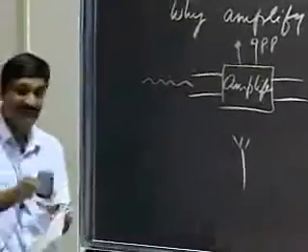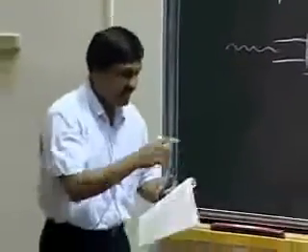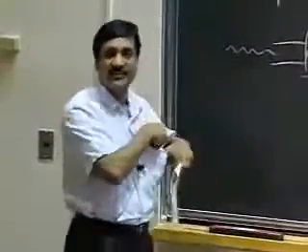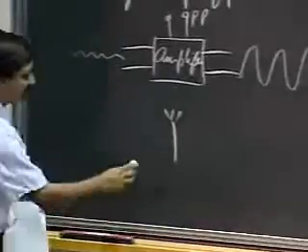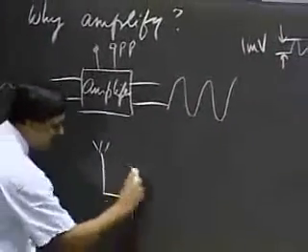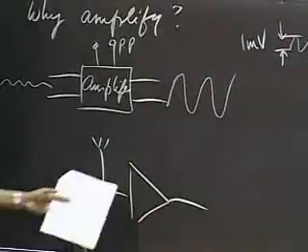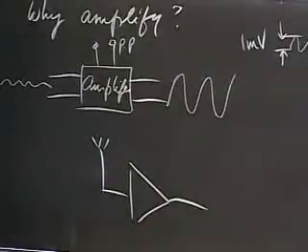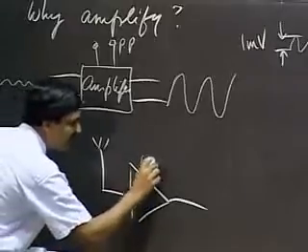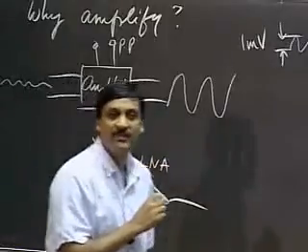Here's my little antenna from the cell phone. Typically the first thing that happens to a signal as it comes out of the antenna in your cell phone, if you look at cell phone circuits or cell phone systems, will be something that looks like this, and may have a label LNA.